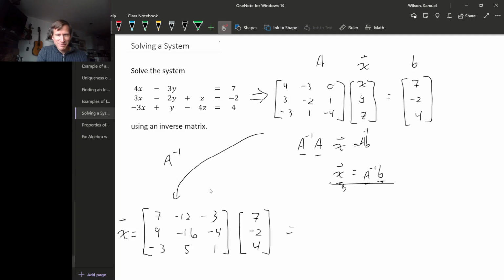So let's see, I'm going across the first row: 49 minus 24, that's 25. Oh, and then minus another 12 is going to be 13.